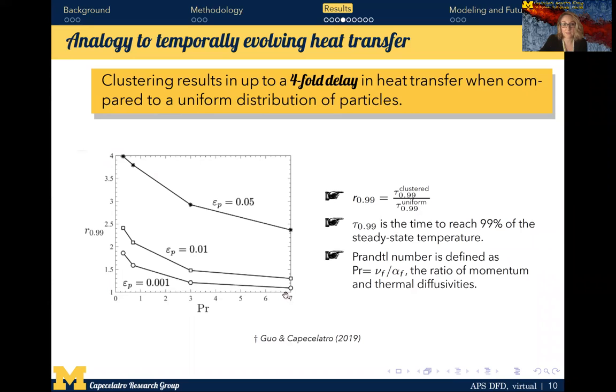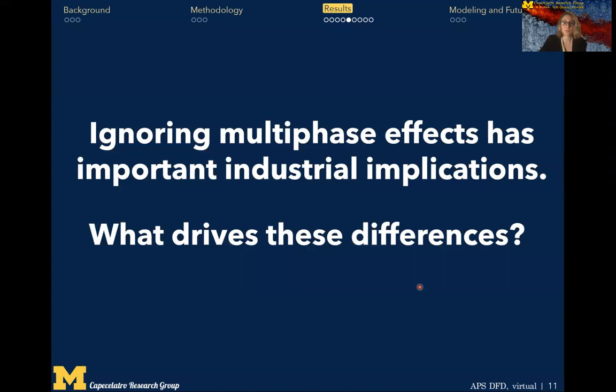The horizontal axis is the Prandtl number, which I mentioned before is the ratio of momentum and thermal diffusivities. And so you can see here that ignoring multi-phase effects has important industrial implications. Imagine if you designed a reactor to be optimal, but it turned out you had a factor of 4 error in your thermal development length. So what drives these differences?